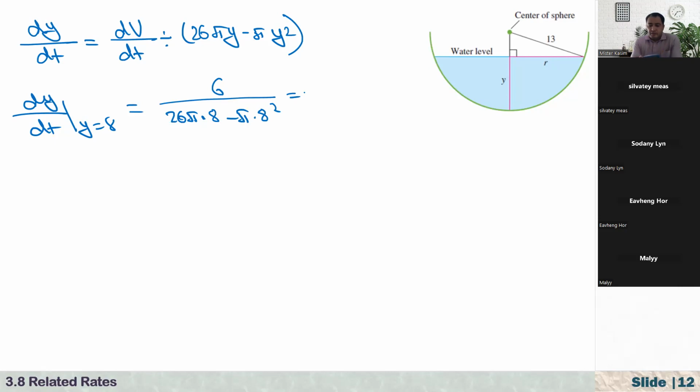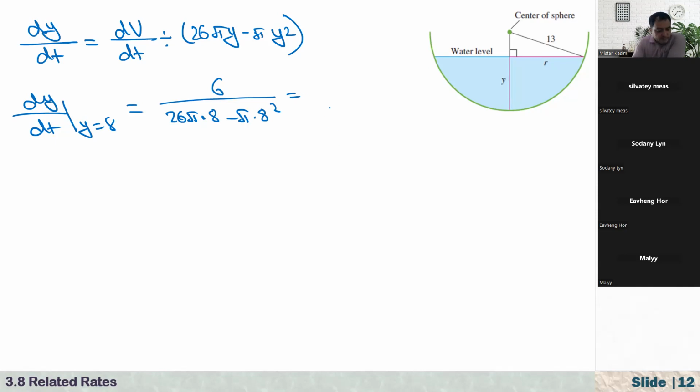Okay. So here we have 6 in the denominator. So 8 times 26 and pi minus 64 pi. That's equal to how much?